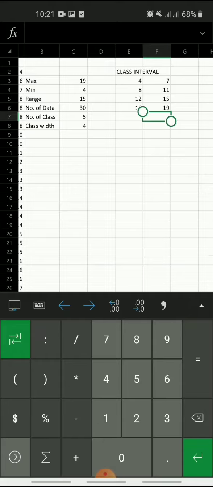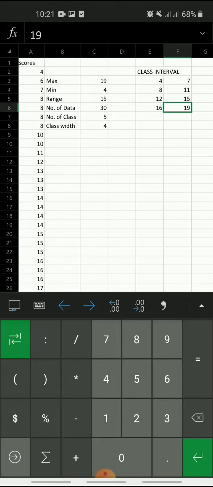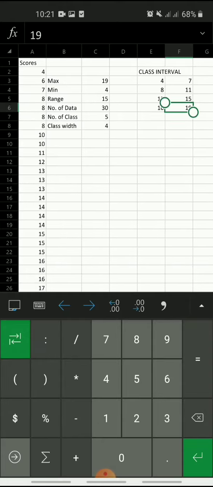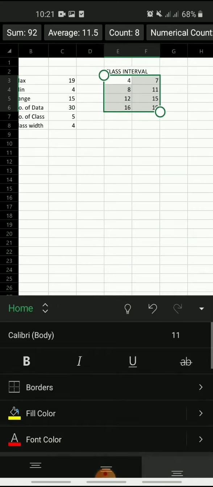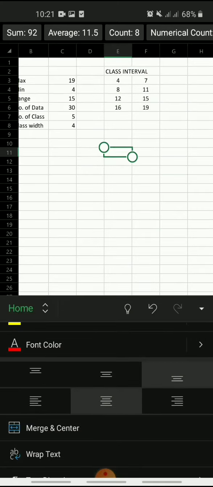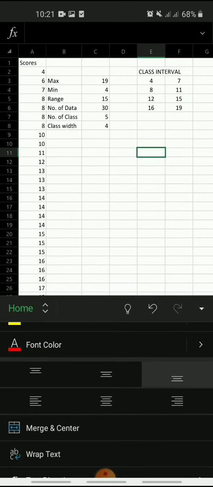So we got the highest value of our data, or maximum value of data, which is 19. So we now have our class interval. Let's move on to number 1.